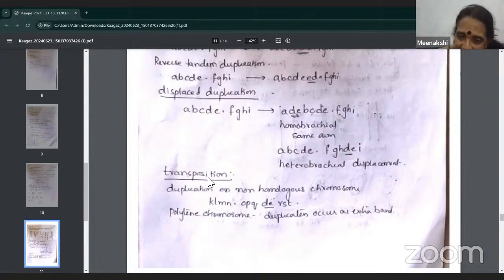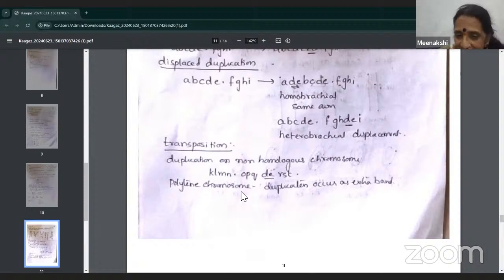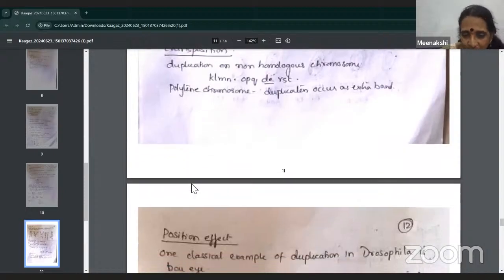Then that is called as transposition. Duplication on non-homologous chromosome. This is one chromosome A, B, C, D, E, F, G, H. Other chromosome will have genes KLMN. So here, if this DE goes into the other chromosome, then it is called as a transposition type of duplication. Generally, we see this kind of duplication in polytene chromosome.